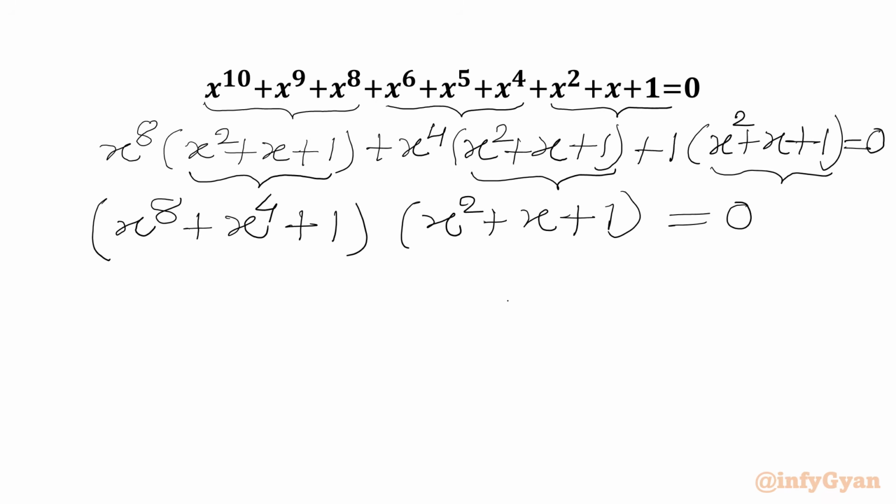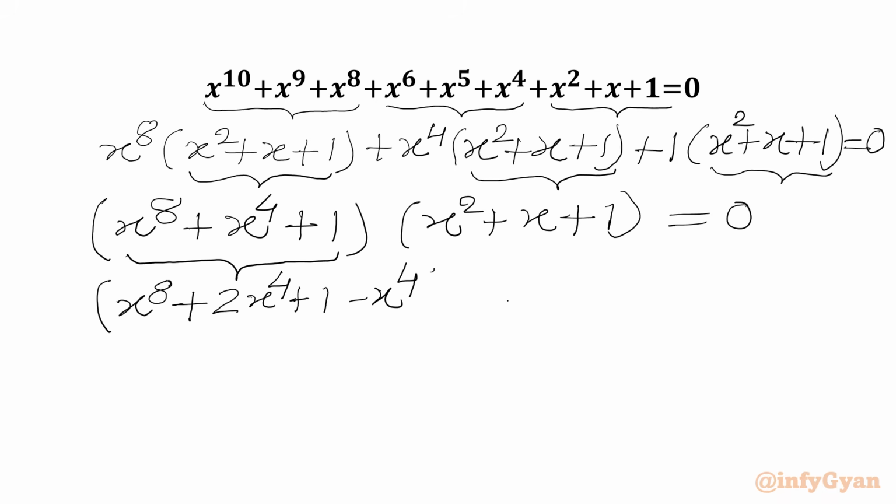Now we are going to use Sophie-Germain identity here. So I will write x power 8 as it is. Then we have x power 4, which we can write as 2 times x power 4 minus x power 4. We have 1 also, we will write here, times x square plus x plus 1 equal to 0.